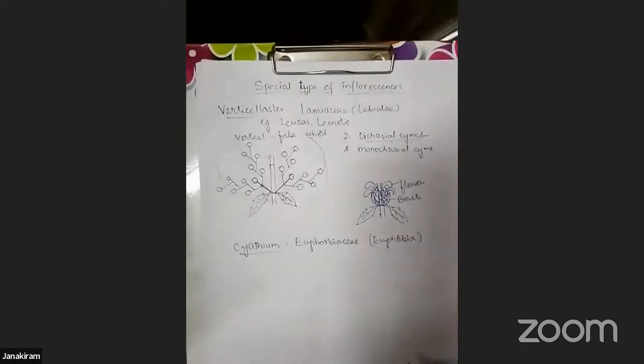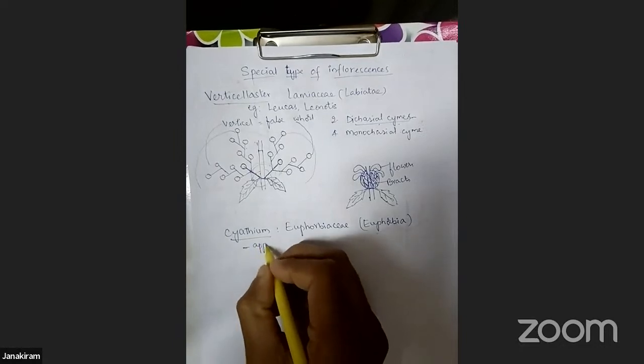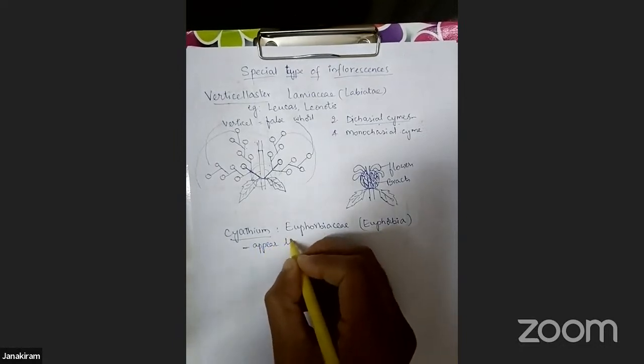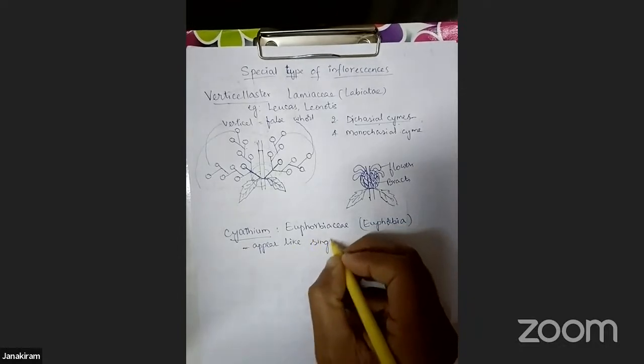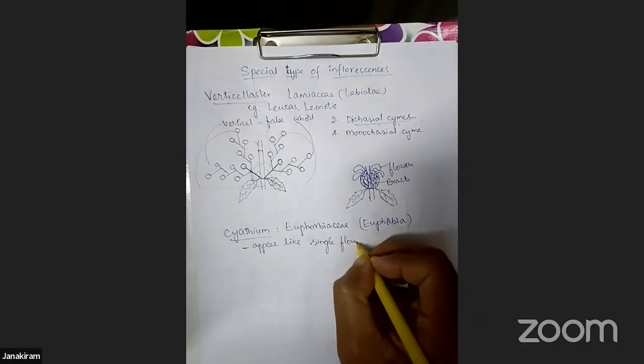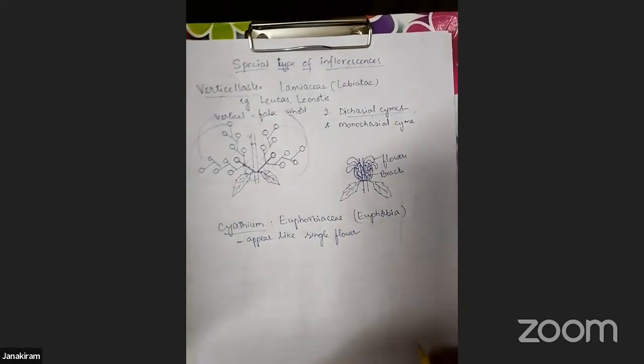Here, in cyathium inflorescence, the entire inflorescence appears like a single flower. But actually, it is not a single flower, it is an inflorescence. Okay, it appears like a single flower.